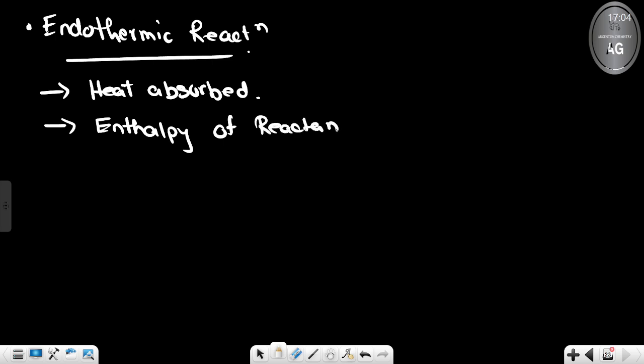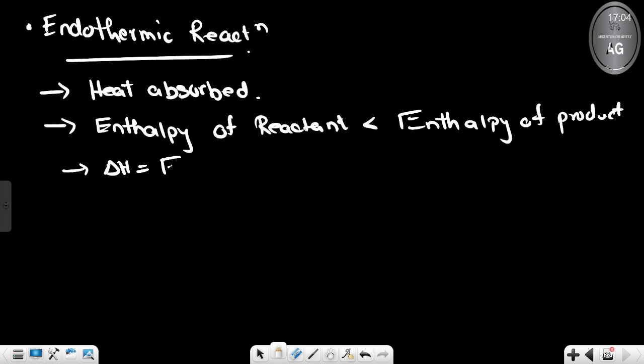So enthalpy of reactants is less than enthalpy of products. In this case, delta H will be equal to H of P minus H of R, which will be a positive value, right? Please remember that enthalpy change is positive for endothermic and negative for exothermic.